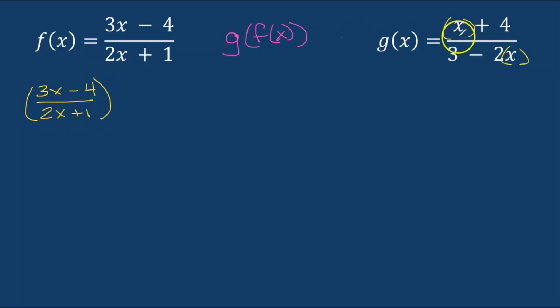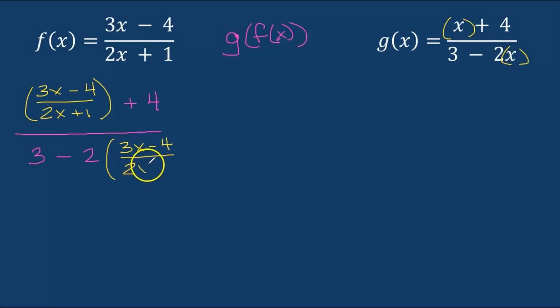The rest of this is the g function plus 4. On the bottom, I have 3 minus 2, and in parentheses again, all of f of x. You can already tell that once again, I have lots of fraction work to do.